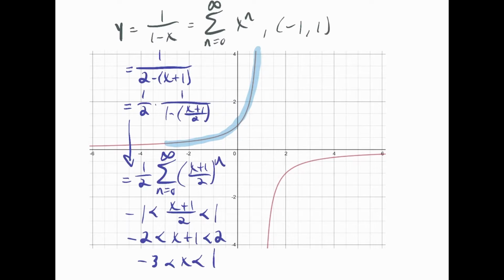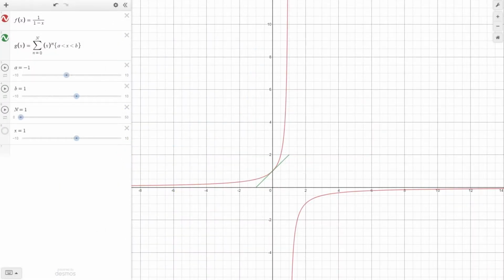Okay, so let's go look at the Desmos version of this. So you can see I have the graph of 1 over 1 minus x there, and I have the power series representation here. And if I increase n, you can see that green curve matches the function really well on the interval -1 to 1, right? So now if I change the power series I'm using, I put the 1/2 out in front, and I change this inside part here.